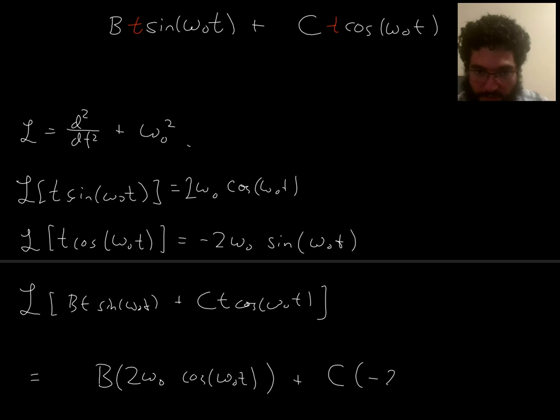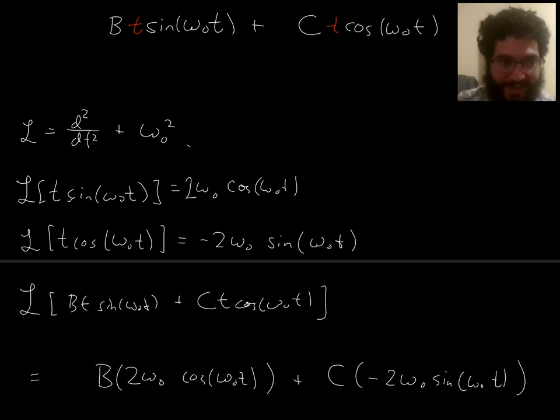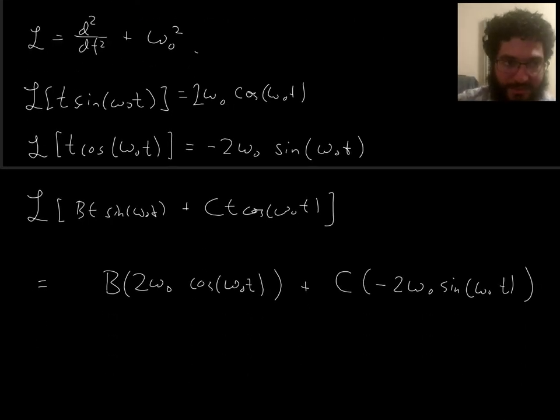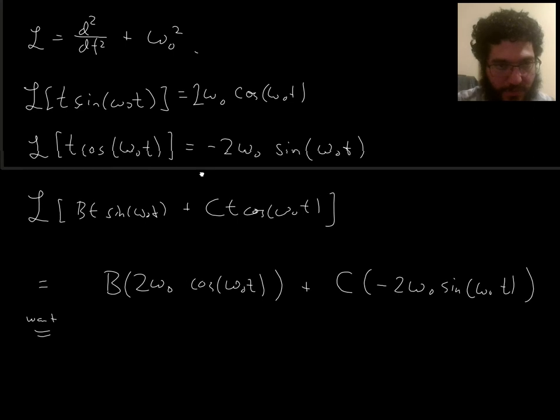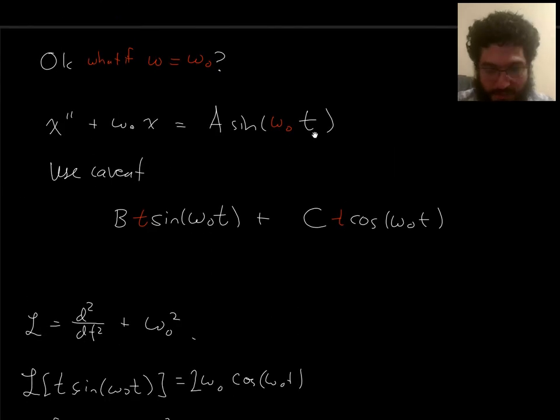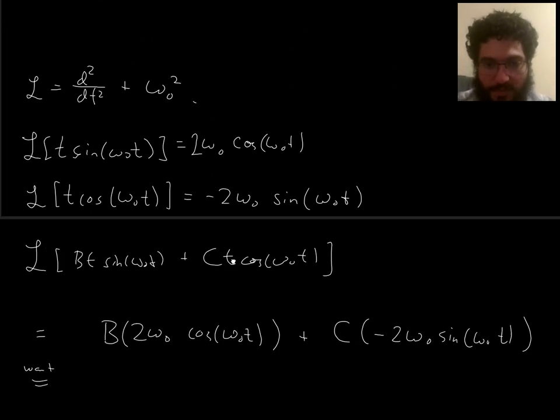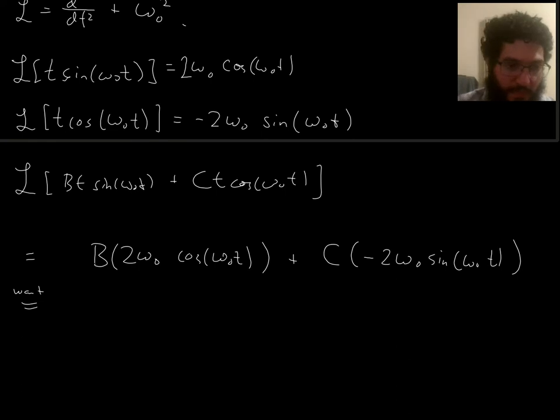So minus 2 omega naught sine omega naught t. Okay, and what do I want this to equal? We'll go back to the original differential equation. It was this. I want to get a sine omega naught t. And now it looks like I have a hope of doing that.